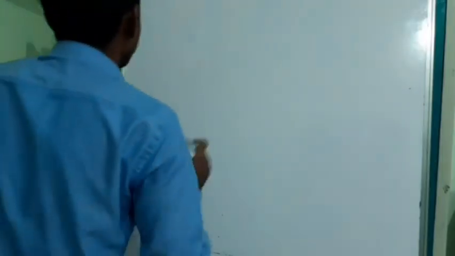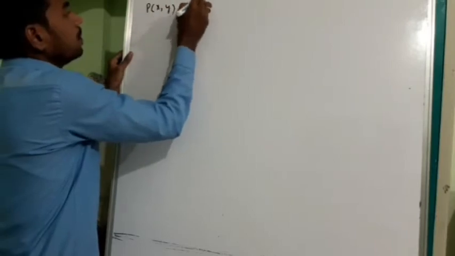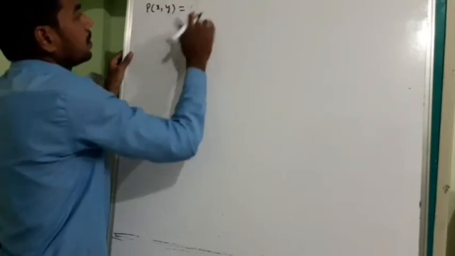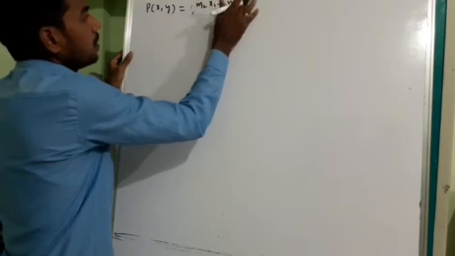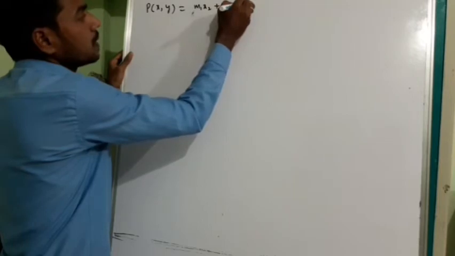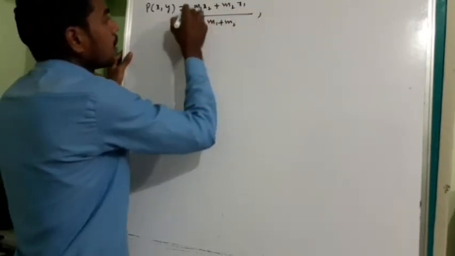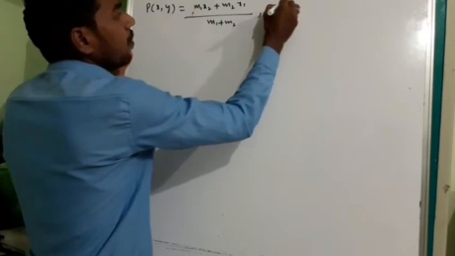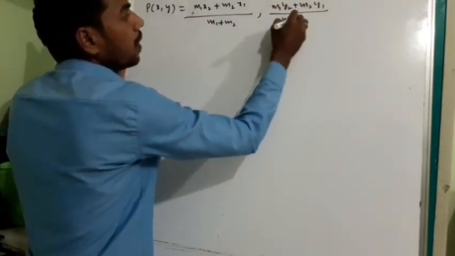We know the section formula, that is P of x y is equal to m1 x2 plus m2 x1 divided by m1 plus m2, and the other coordinate is m1 y2 plus m2 y1 divided by m1 plus m2.